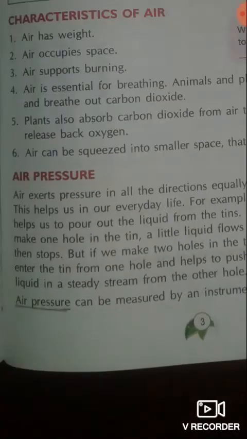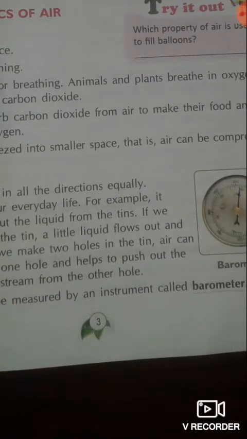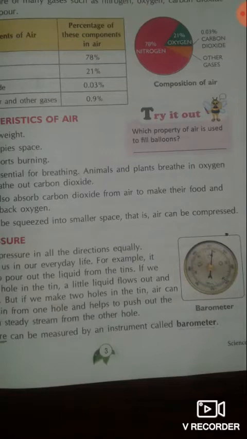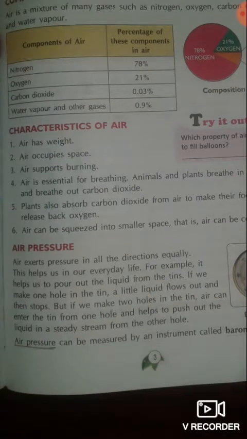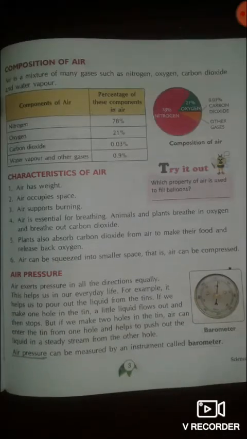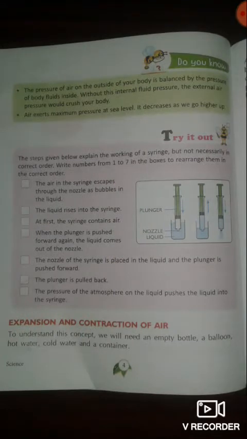So air gives pressure from one hole and through the other hole, liquid comes out. Air pressure can be measured by an instrument called barometer. So the instrument used to measure air pressure is barometer. Next, here is an activity. You read and try to understand.